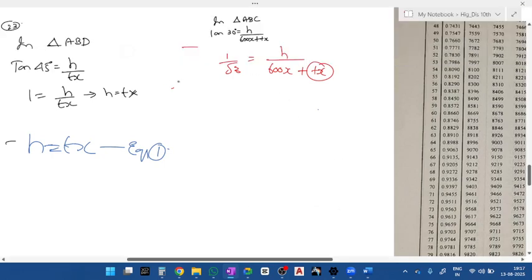Okay. Copy. Completed till here, students. Write these two equations. Completed till here, tan 30. In place of h, you have to write tx. 1 by root 3 is equal to tx divided by 600x plus tx.